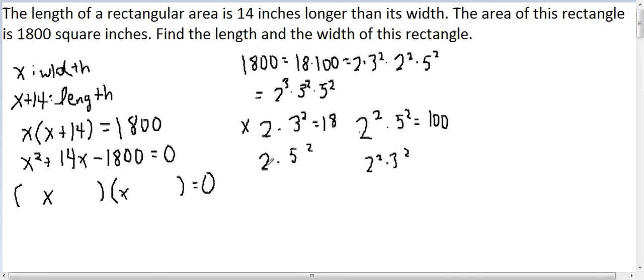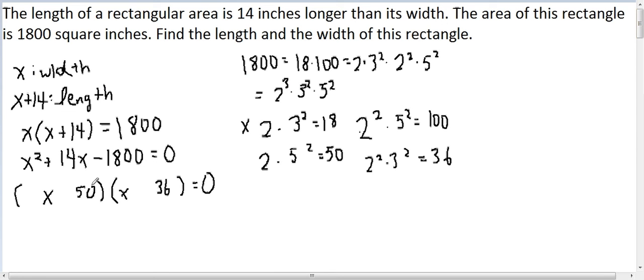If we multiply 2 and 5 squared, which is 25, together, we get 50. And if we multiply this out, 2 squared is 4, 3 squared is 9, and 4 times 9 is 36. 50 minus 36 is 14, which is what we want. So when we factor our polynomial, we get 50 and 36.